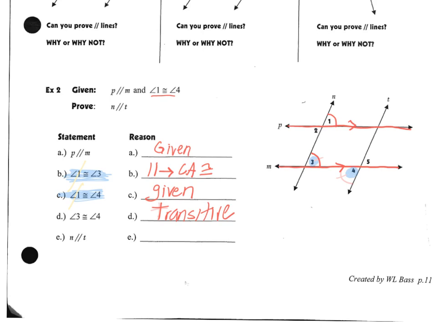And if we look at those locations, those are alternate interior angles that are congruent and therefore imply that these lines must be parallel. So N must be parallel to T. So if we look at that, angle 3 and angle 4 are alternate interior angles.